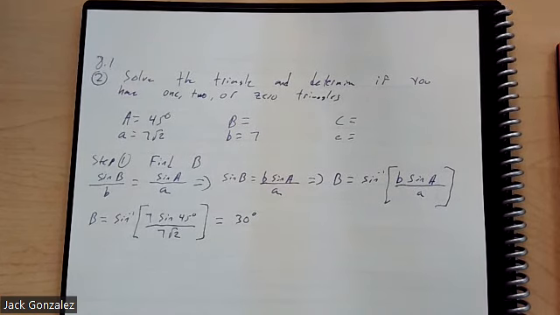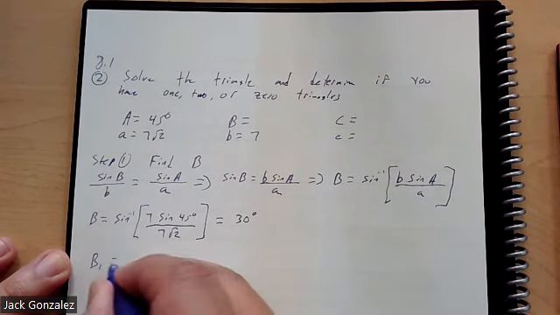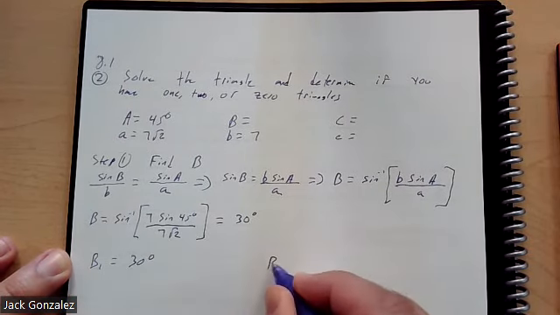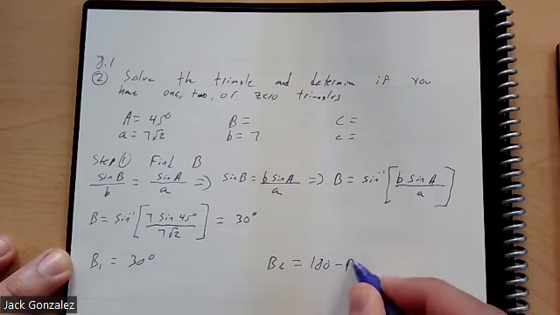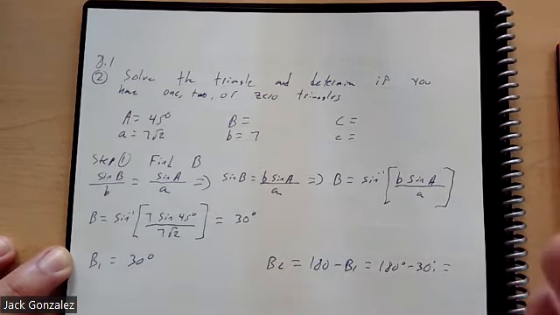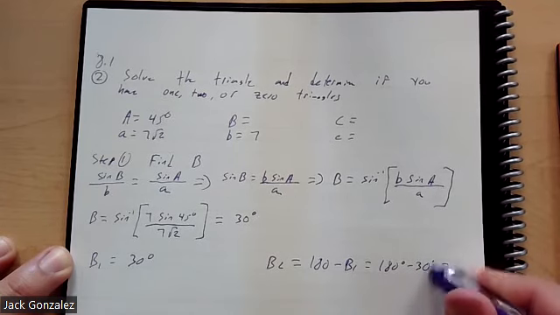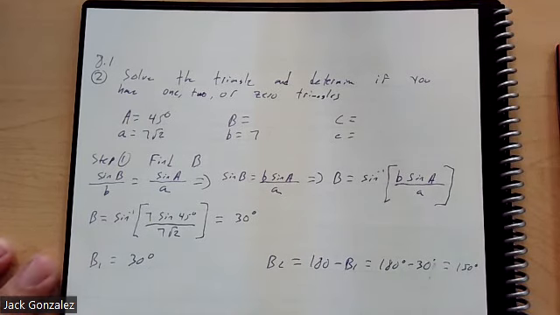So use your calculator, you're going to get 30. No, then you have to check B2. So B1 is equal to 30 degrees. B2 is 180 minus B1, which is 180 minus 30. 150.